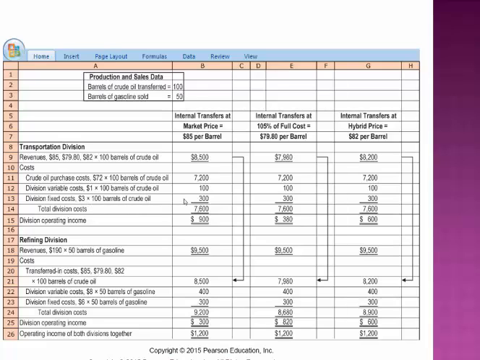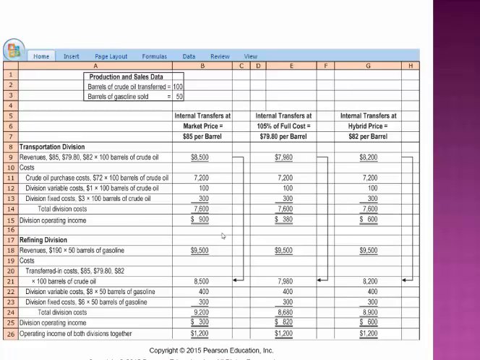Multiplying that out times 100, we've got $100 in variable cost and $300 in fixed. These are costs directly related to the transportation division only. Therefore, if we set the transfer price at the market price of $85, the transportation division has an operating income of $900.